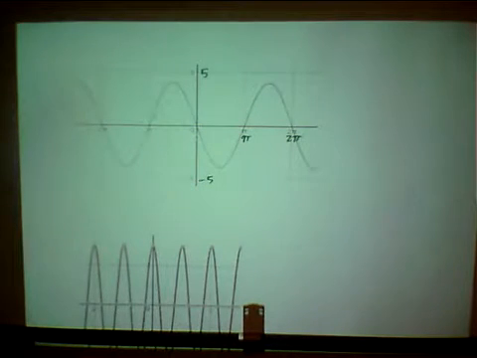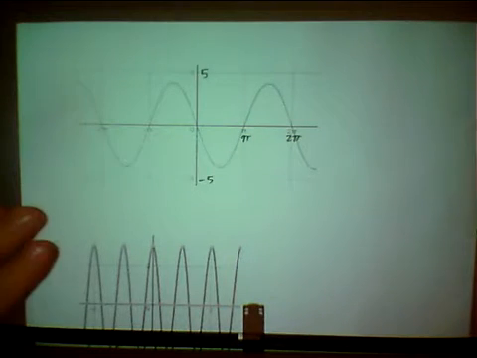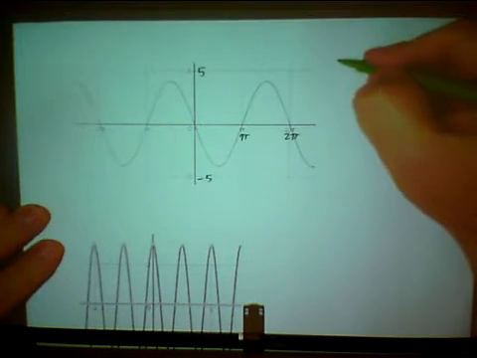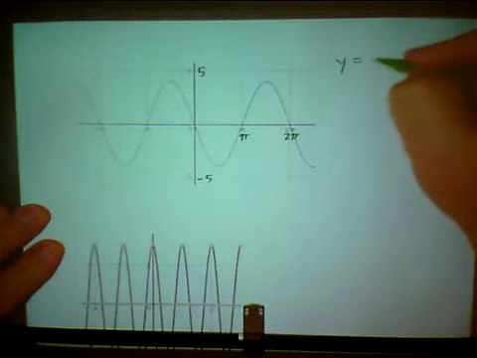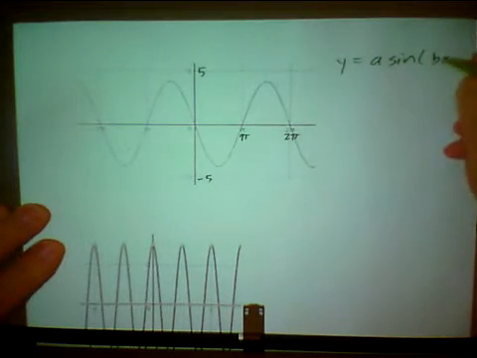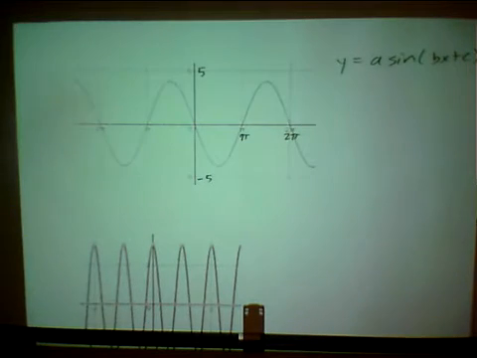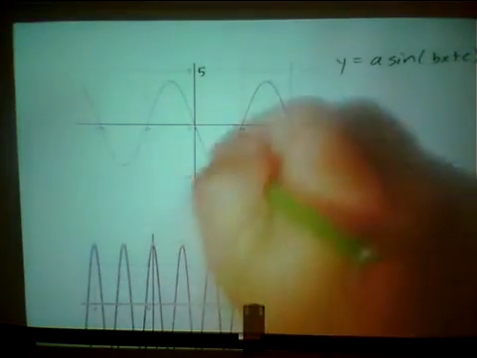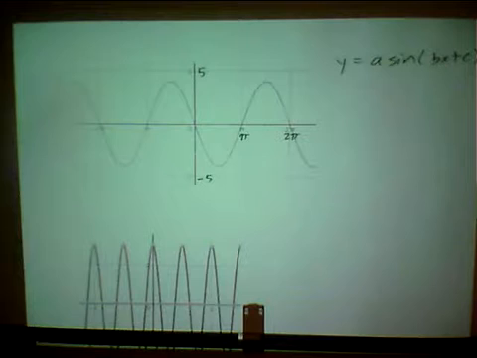So basically I want us to look at this graph and figure out the amplitude, the period, the phase shift. And I believe for these problems, these are all going to be sine waves, so figure out the equation for this graph as a sine wave.